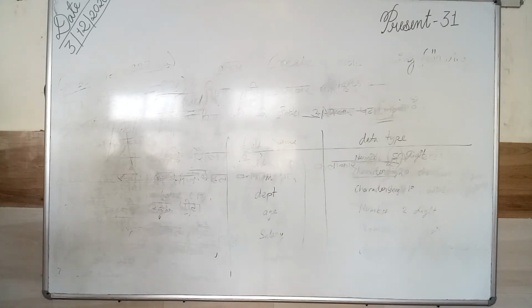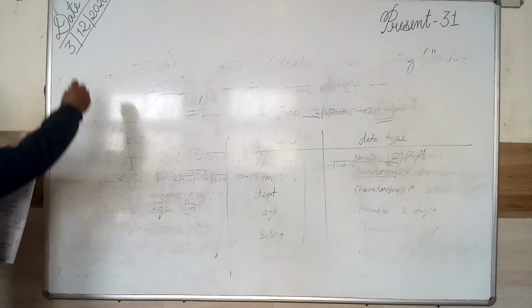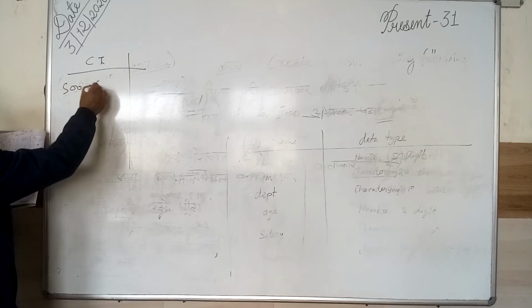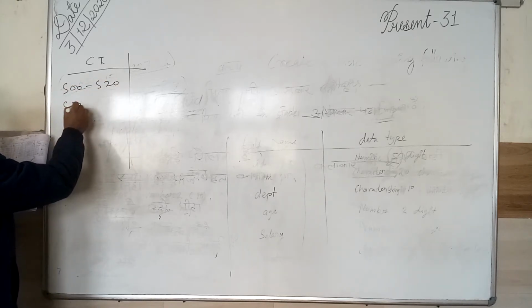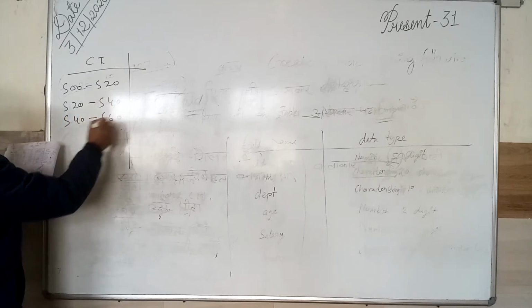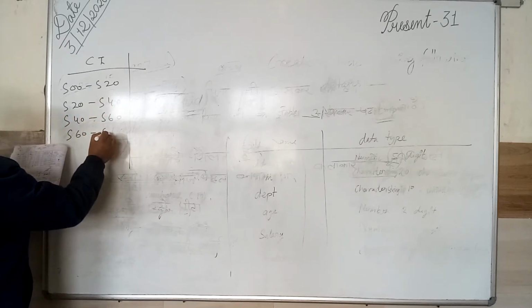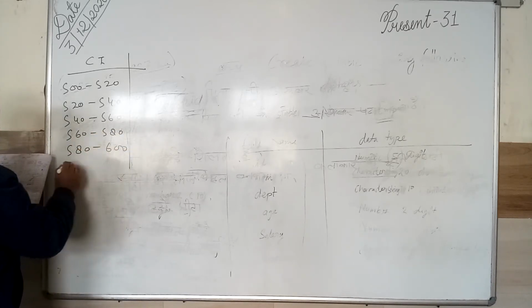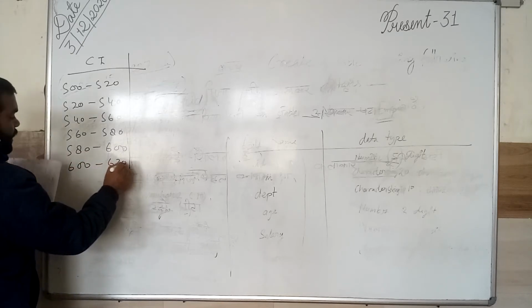Okay. Yesterday I had given one question. The class interval was given as 500 to 520, 520 to 540, 540 to 560, 560 to 580, 580 to 600, and 600 to 620.